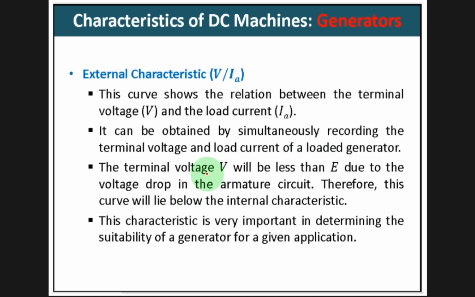So the terminal voltage V will be less than E because of the internal resistance of the armature. Therefore, this curve will lie below the internal characteristics. So if you know the internal characteristics, internal voltage, this voltage will be less than that due to the armature current, right?